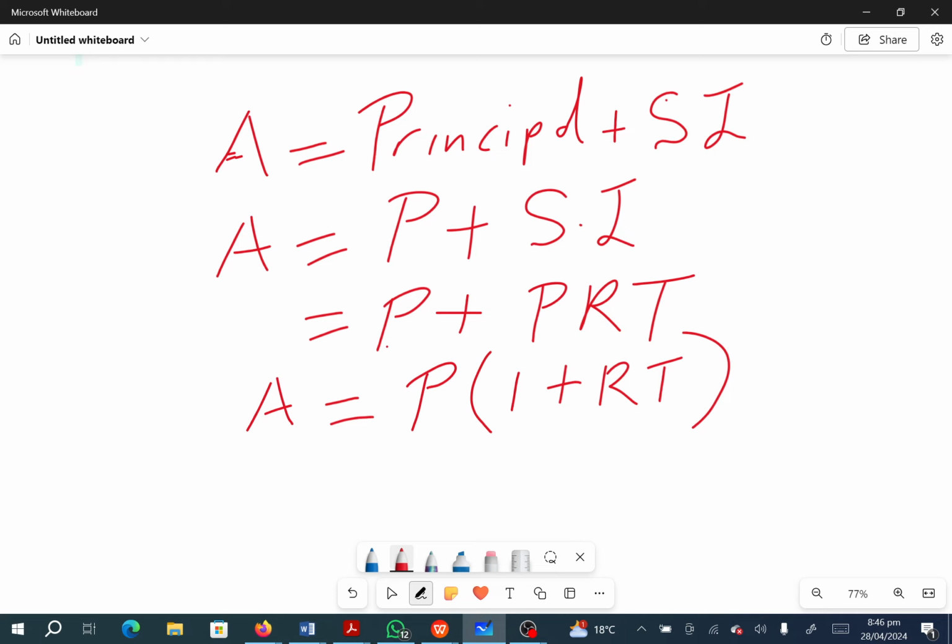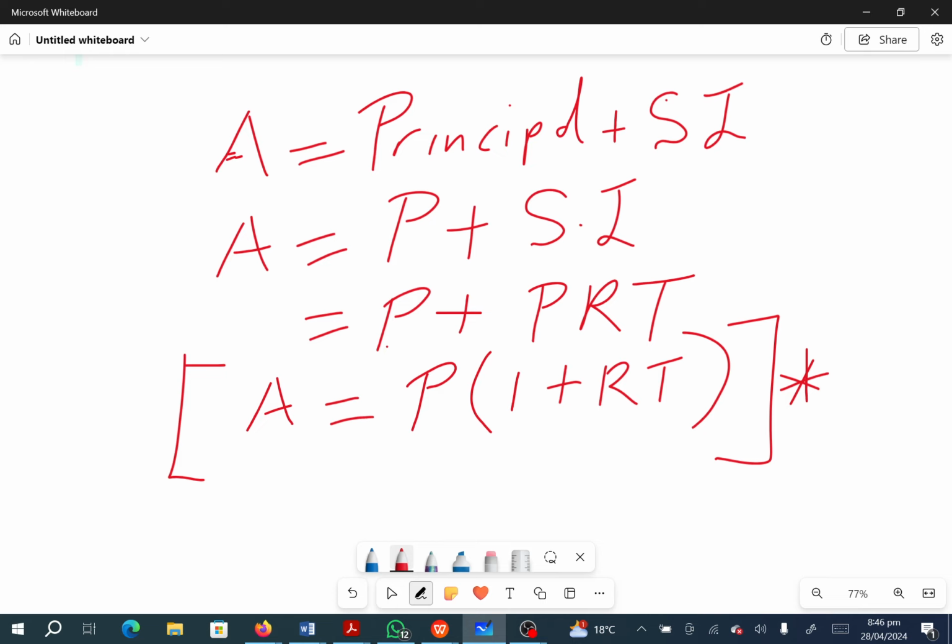Now this becomes our formula for calculating the amount, in terms of total retained amount on either an investment, or on your savings, or on your loan, in terms of interest.